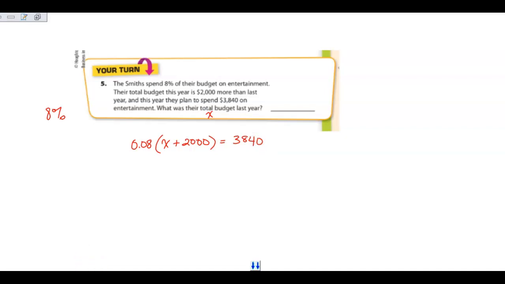Now we're ready to go ahead and start to simplify. The first thing I need to do is distribute the 8/100. And I get 160. And then bring everything else down.